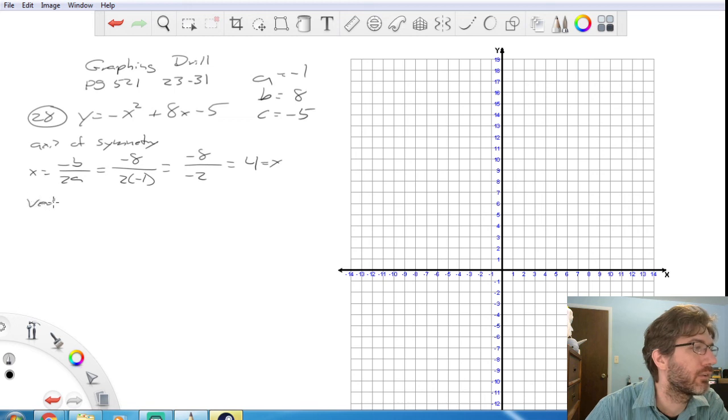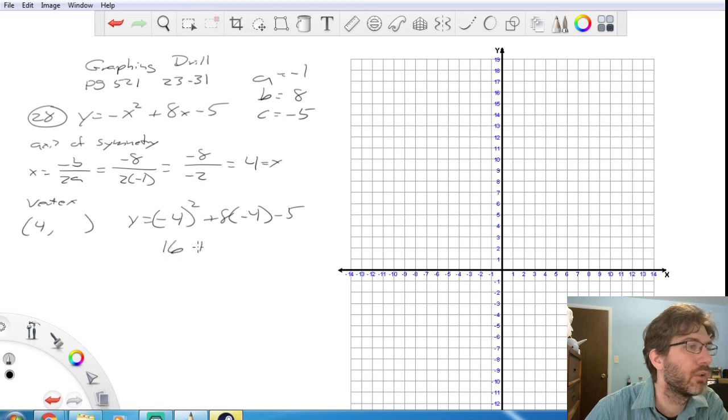The vertex is, well, where x equals 4. What does y equal? So let's plug it in. Y equals negative 4 squared plus 8 times 4 minus 5. 4 squared is 16 plus 8 times 4 is 32, and then minus 5.